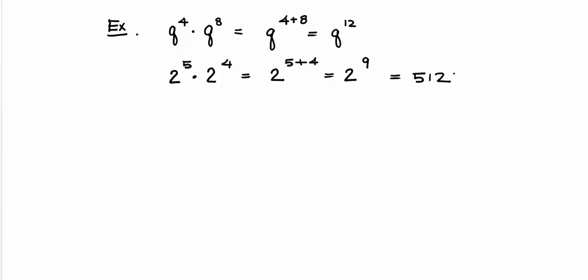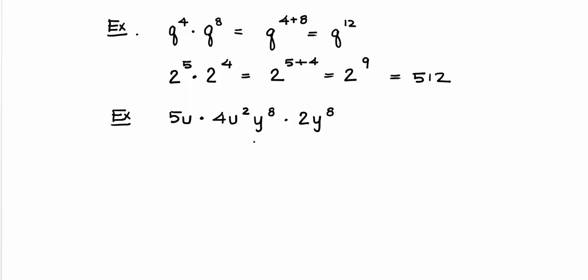Okay, so let's do something that's a little bit more complicated. I have 5u times 4u squared y to the 8th times 2y to the 8th.